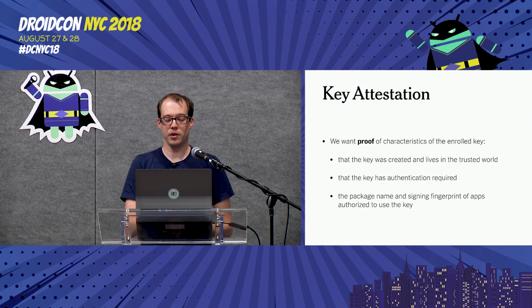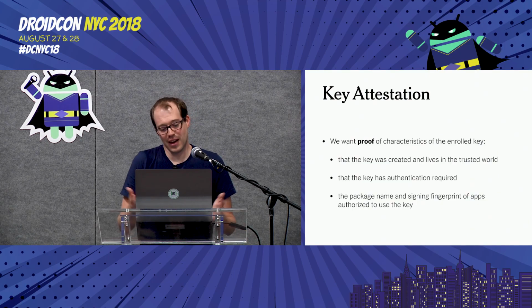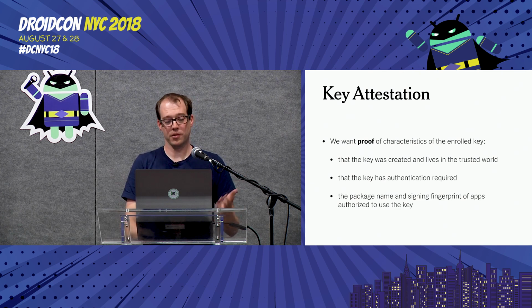And maybe also we want to know that the package name and the signing fingerprint of apps authorized to use that key match our own app. And the idea here is, what if I created an app that has your package name but wasn't signed by your signing key, and use that to generate a key on the trusted side, and I'm using that? That's one thing we also want to check for.